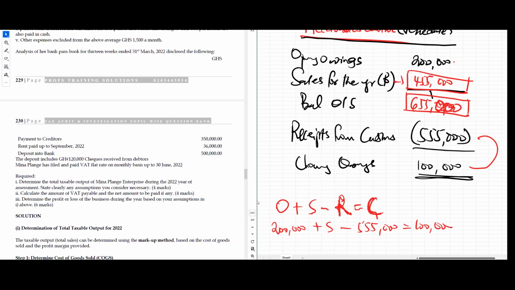So I make S stand for sales, which becomes 555,000 minus 200,000 plus 100,000.